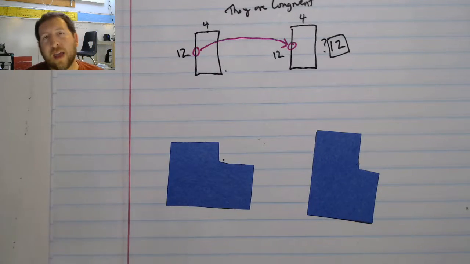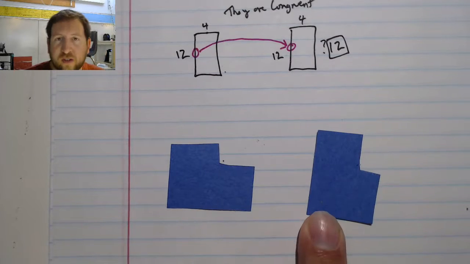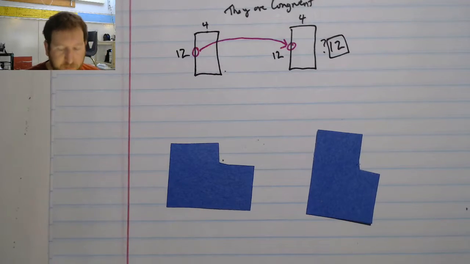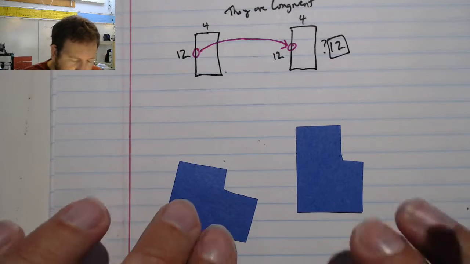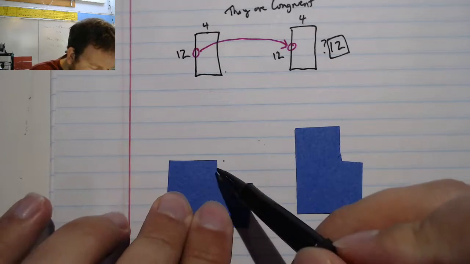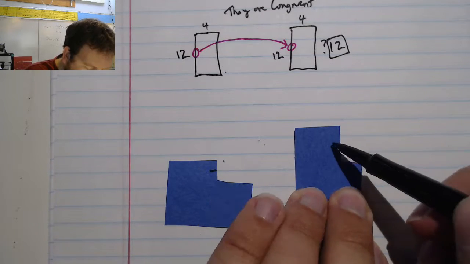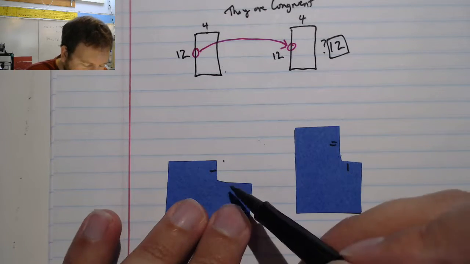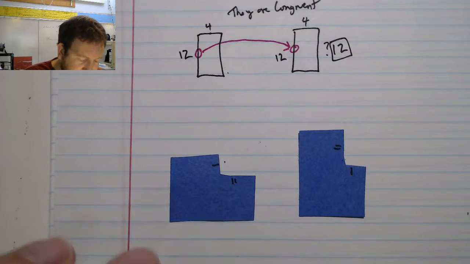And as long as it works, I just have to figure out which side corresponds to what as I'm solving. For example, say I have these two shapes. I would need to notice that between these two, this one is shorter, so this one would be equivalent to that one, and this part here would be equivalent to this side. And in fact, it would also be true of angles.